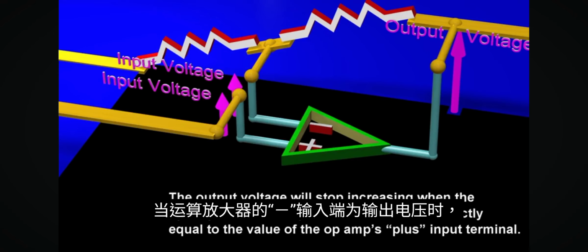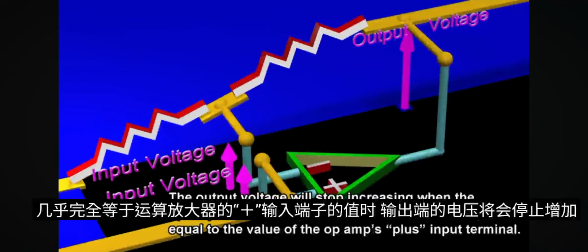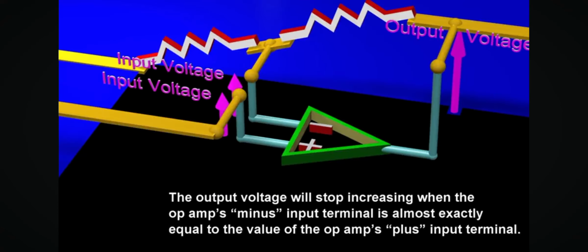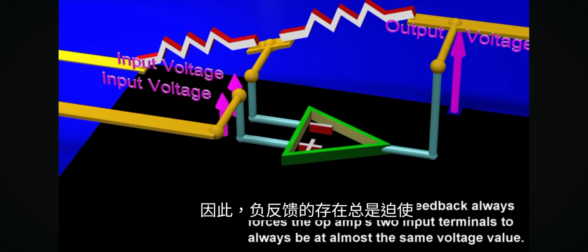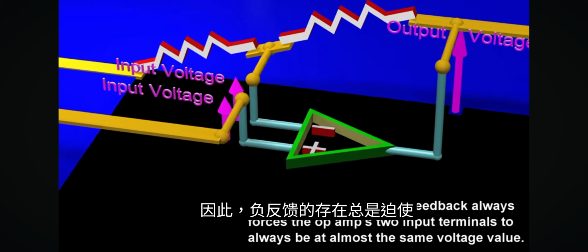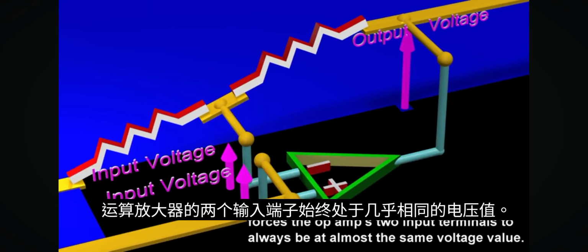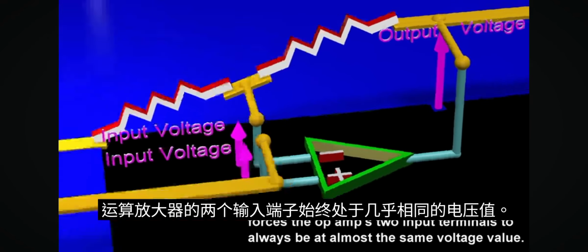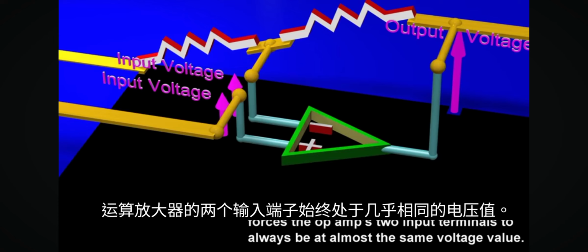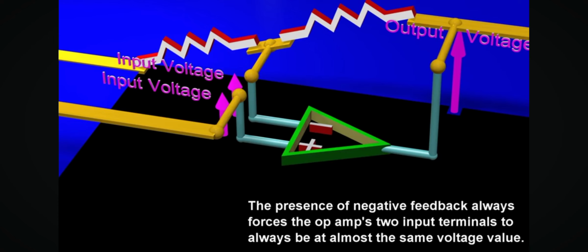The output voltage will stop increasing when the op-amp's minus input terminal is almost exactly equal to the value of the op-amp's plus input terminal. Therefore, the presence of negative feedback always forces the op-amp's 2 input terminals to always be at almost the same voltage value.